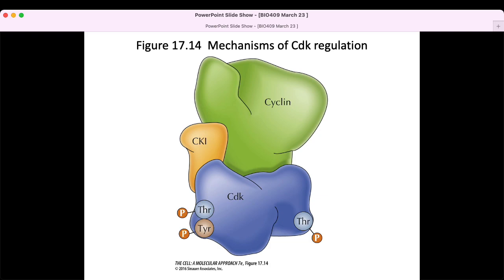Would this all have to come together on a gene? Nope. This is not a story of gene expression. That's the actual enzyme right there. These are proteins just floating around in the cell.